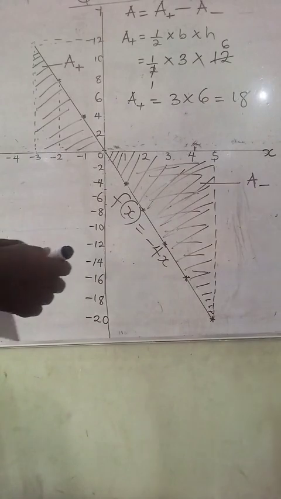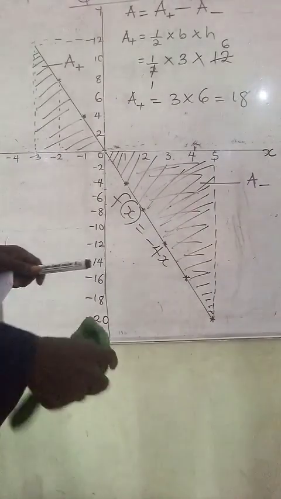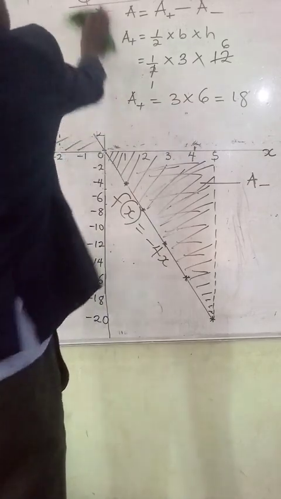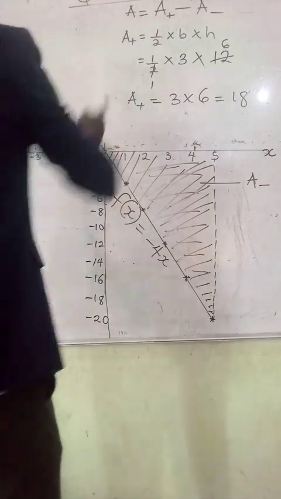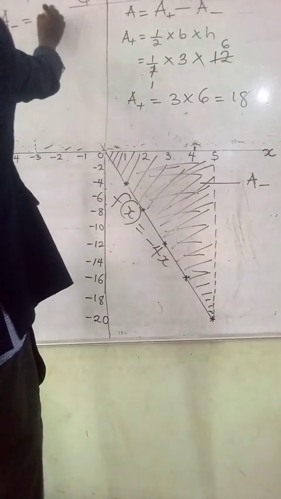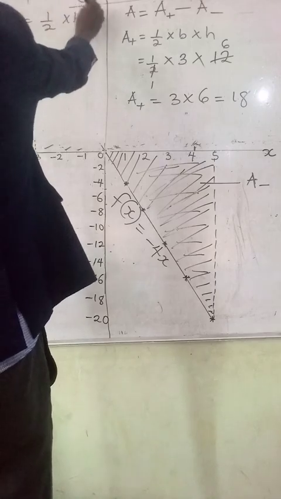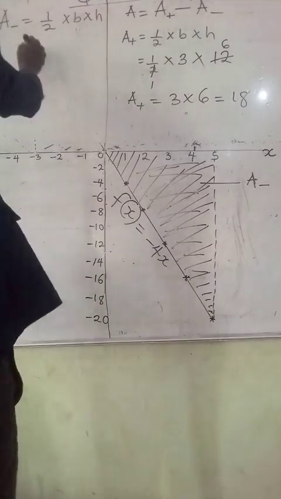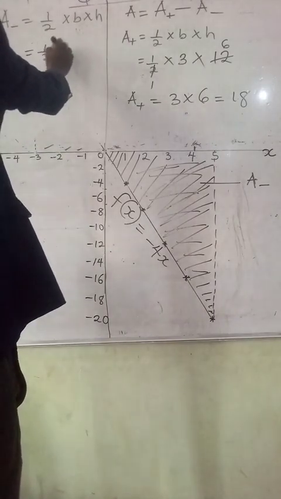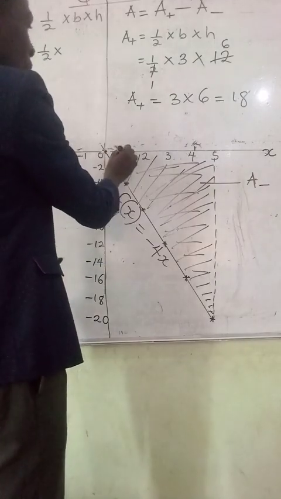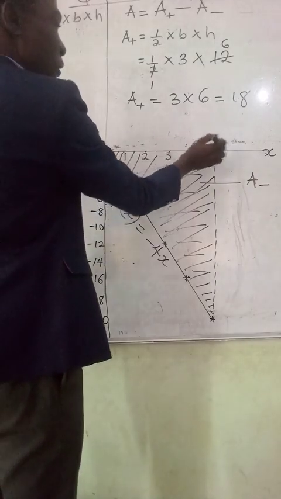Now to the negative area, on the other hand, we have a minus to be equal to half times base times height, which is half times the base. The base is from 0 to 1, 2, 3, 4, 5.